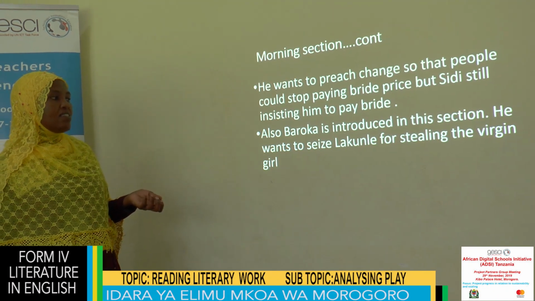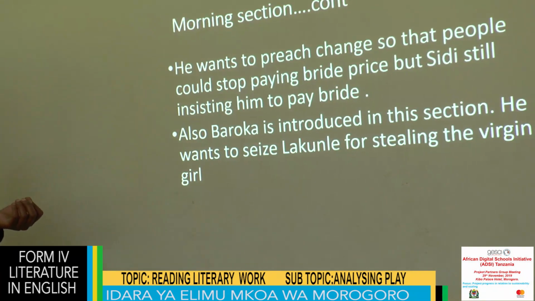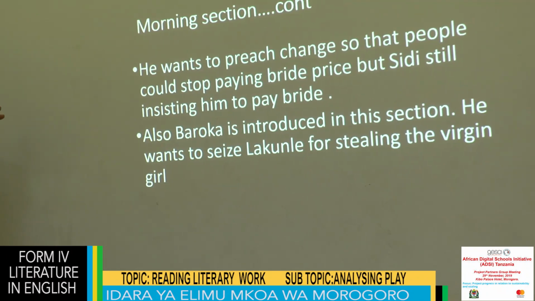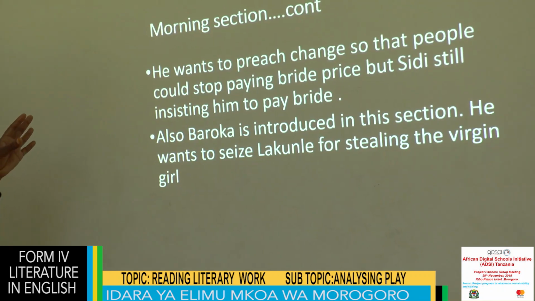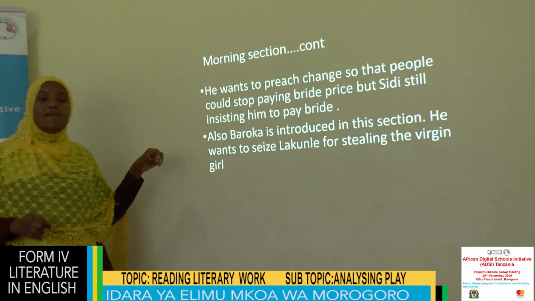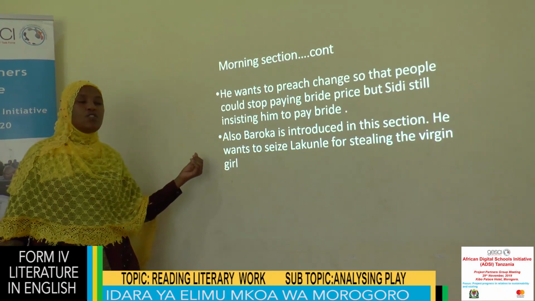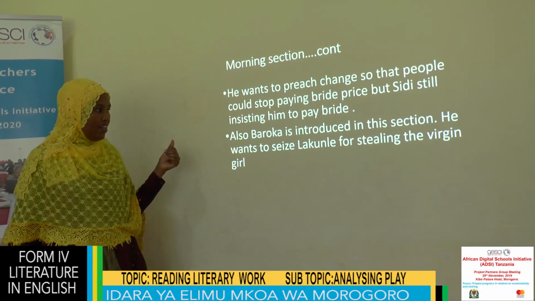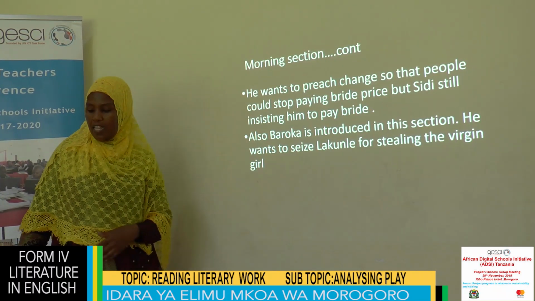He wants to seize Lakunle for stealing the virgin girl. We have seen that this virgin girl was being proposed to by Mr. Lakunle, a school teacher, but at the same time Chief Baroka, a polygamist having 3 wives, is also interested in marrying such a girl. Now, she has been introduced in this particular section.